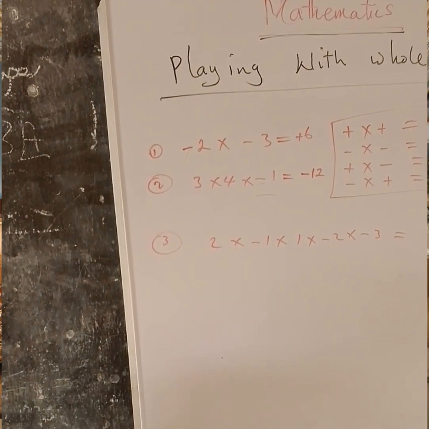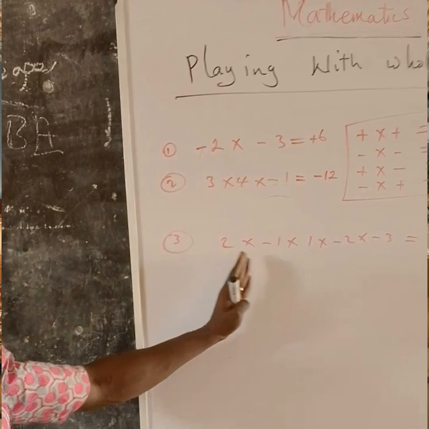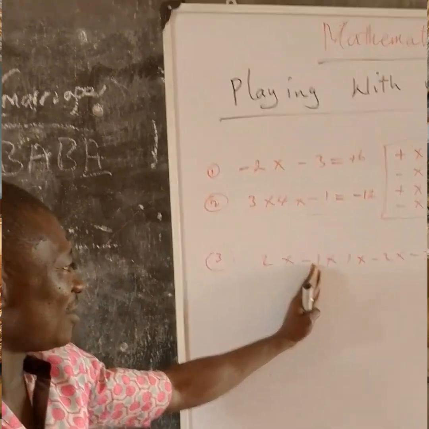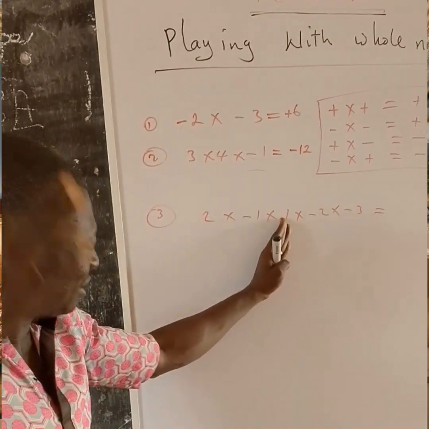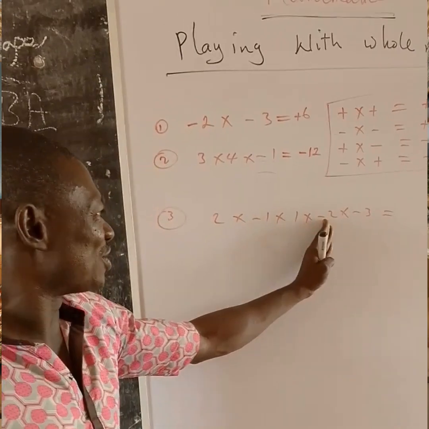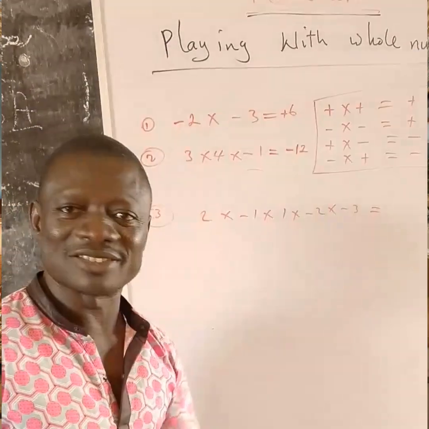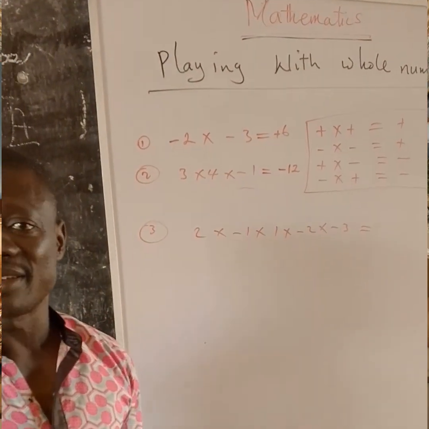Let us take a look. We take it gradually. Plus times minus will give us minus. That minus times plus will give us minus. That minus here times minus will give us plus. And that plus times minus here will give us minus. Meaning that the last answer to this is a negative number.